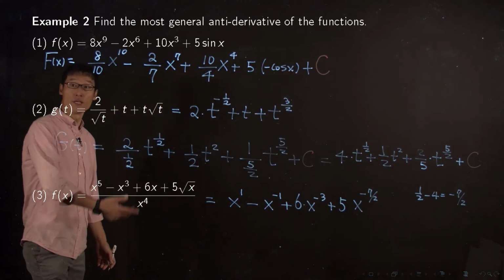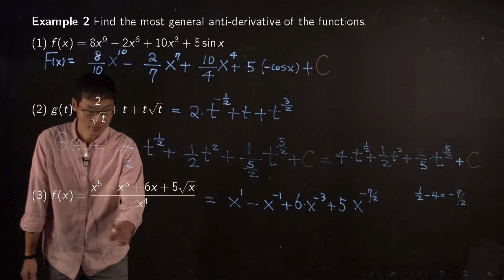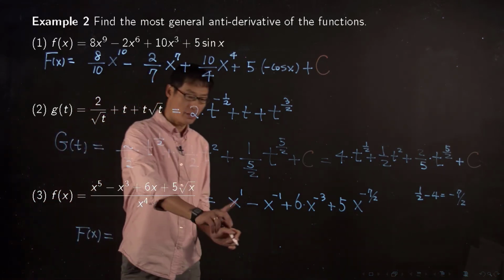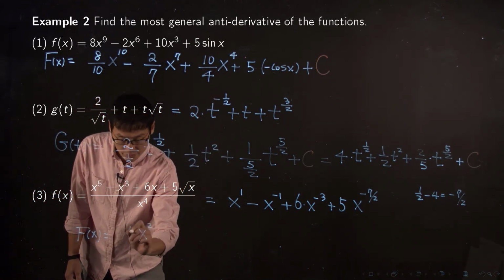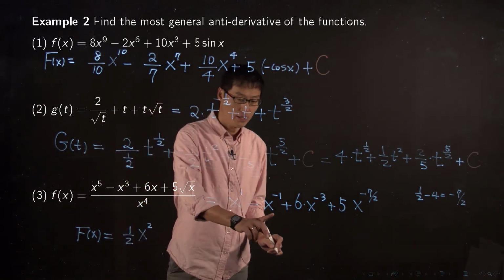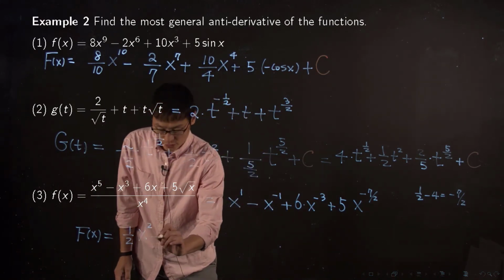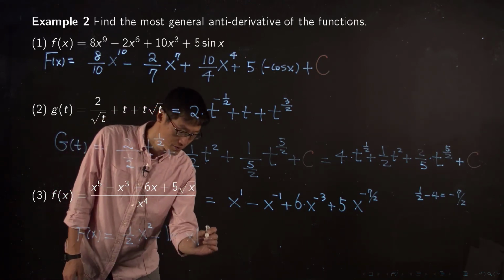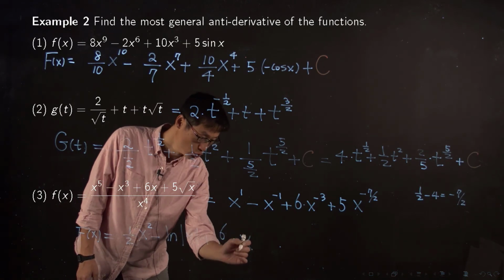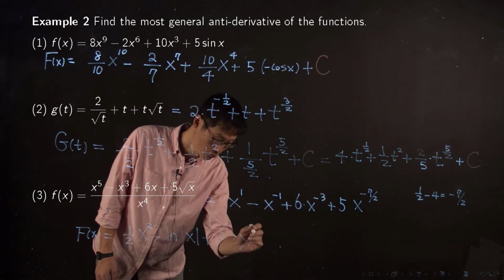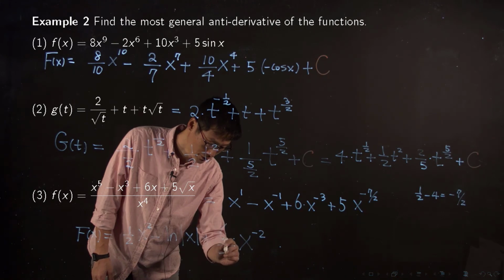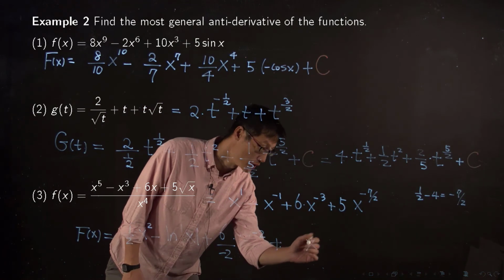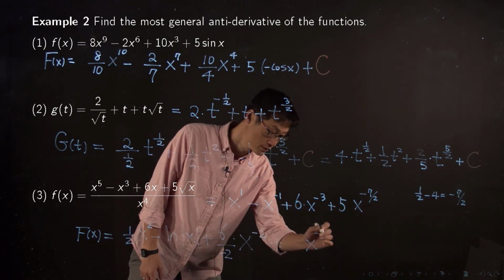Good. And then you take the antiderivative of each term. So capital F is going to be the antiderivative of this. And then, well, this is 1 over x. That's why we need ln, plus 6 will survive. The new power is negative 3 plus 1. Then you take 1 over this new power, plus x to the negative 7 halves plus 1.